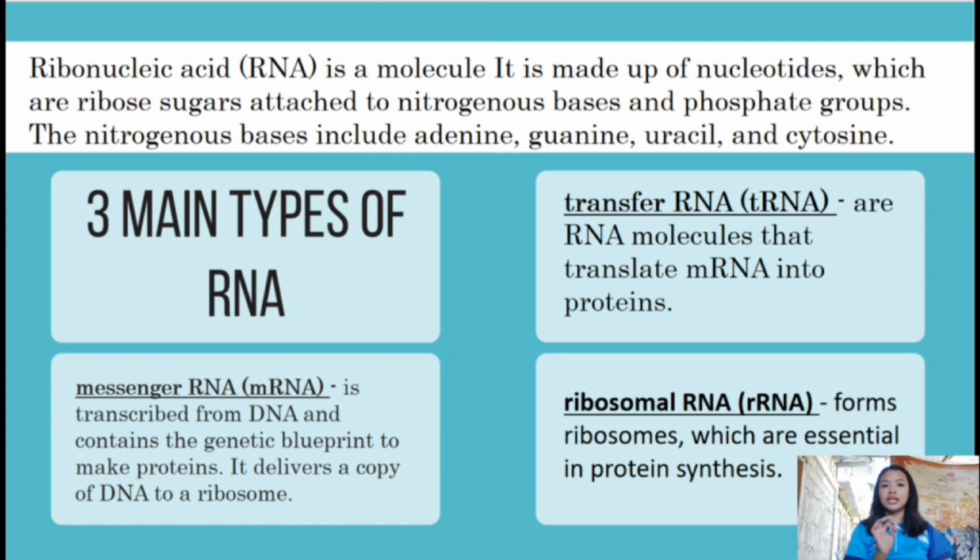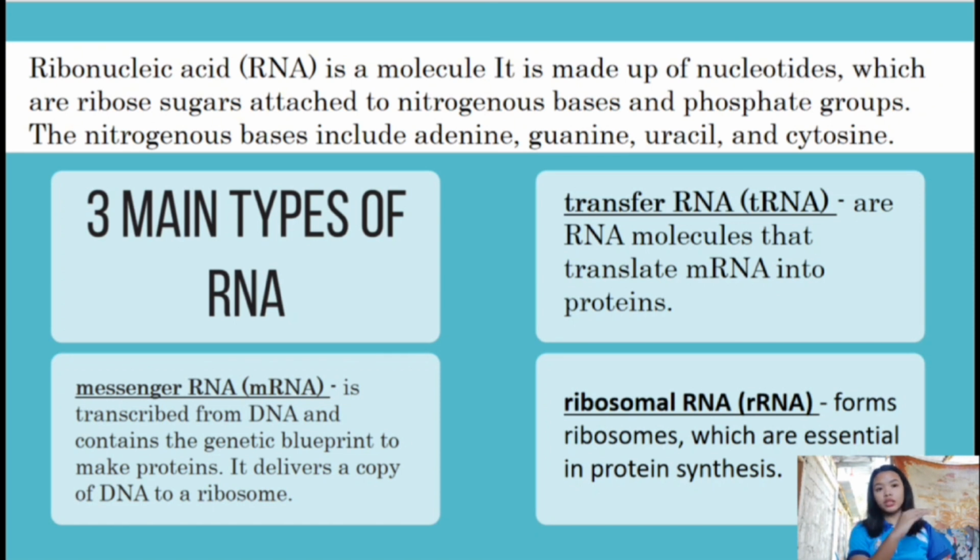So, there are 3 types of RNA, the first is messenger RNA. Messenger RNA's responsibility is to deliver the copy of DNA to a ribosome. mRNA is transcribed from DNA and contains a genetic blueprint to make proteins.